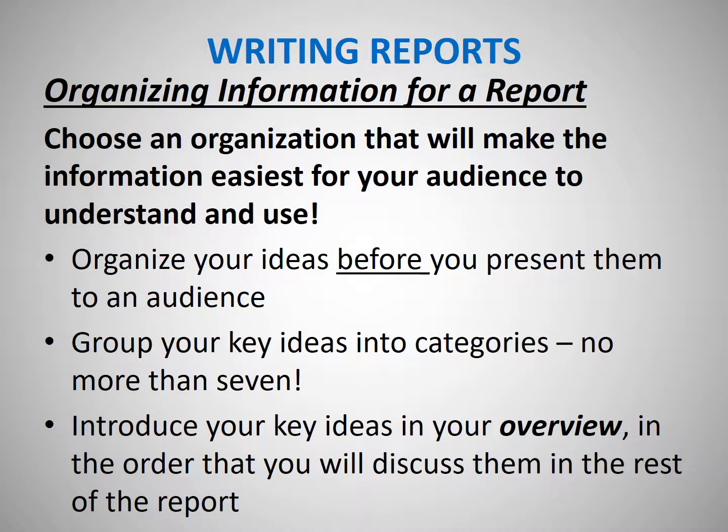Okay? And these key ideas, or these key categories of ideas, go into the overview of your report. And not only do you say which key topics, key ideas we're going to discuss, but the order in which we are going to discuss them in the rest of the report.